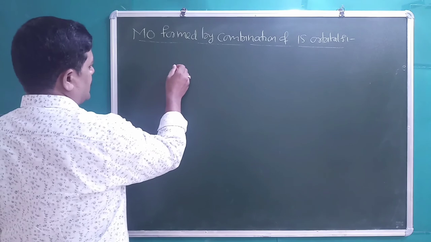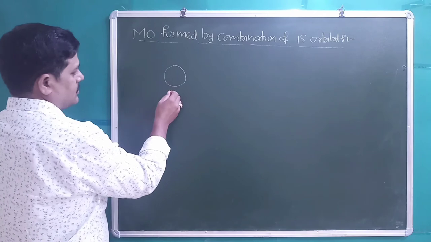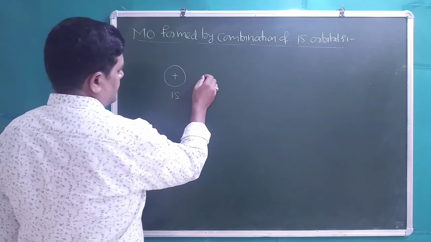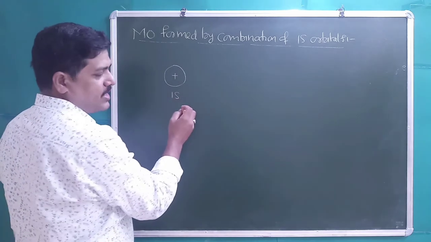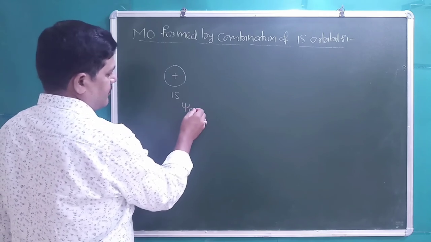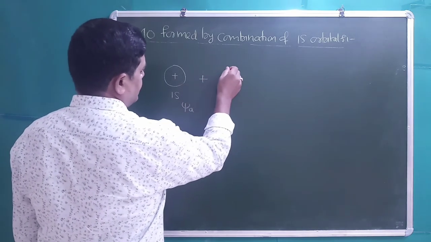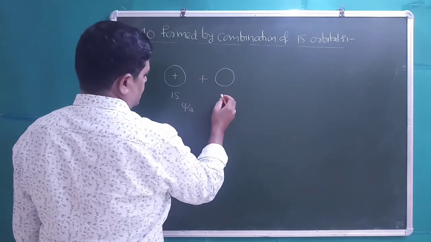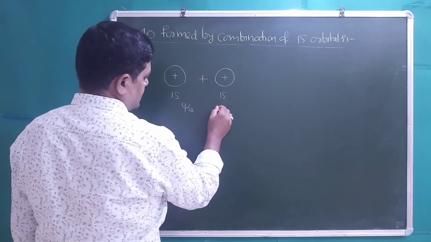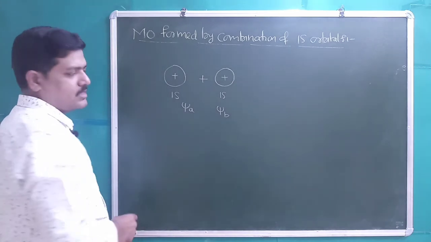Students, let us assume that this is a 1s orbital of one hydrogen atom, and its amplitude wave function is psi a. Addition overlapping: this is another 1s orbital of another hydrogen atom, the amplitude is psi b, wave function is psi b.